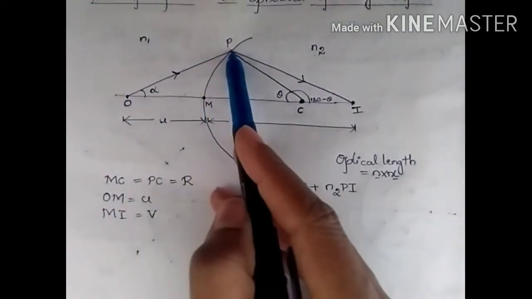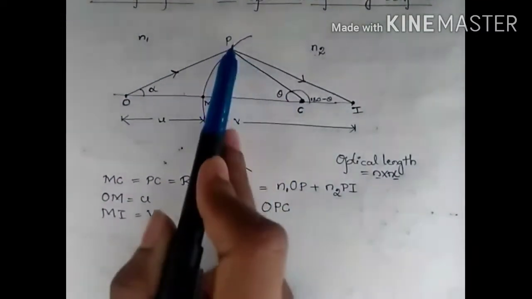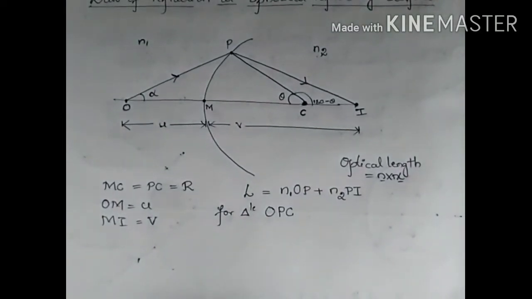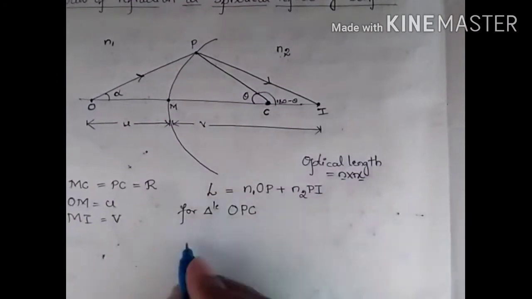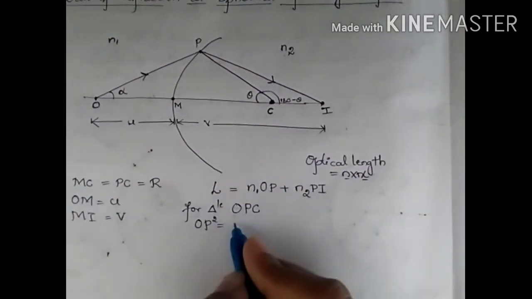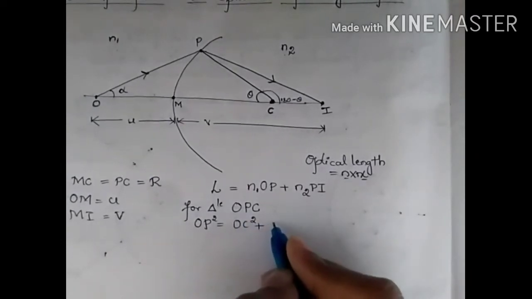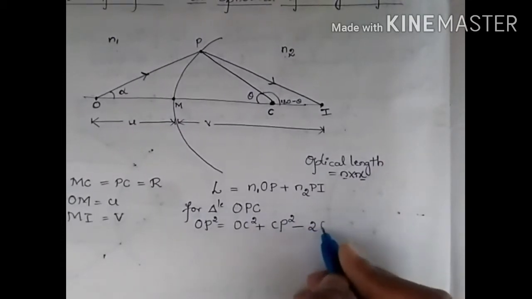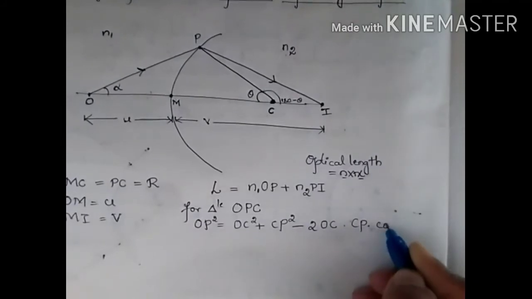OP square will be equal to OC square plus CP square minus 2 OC CP cos theta.